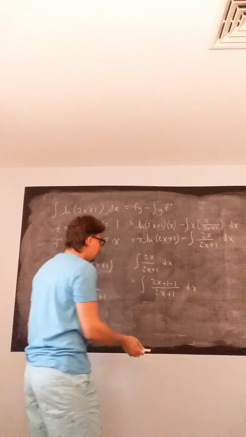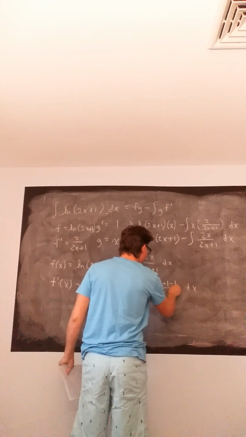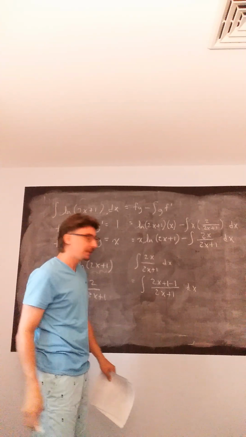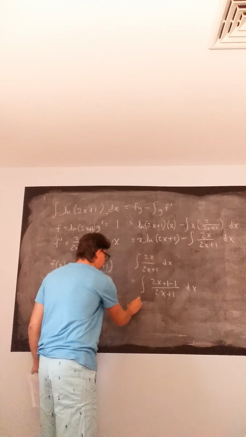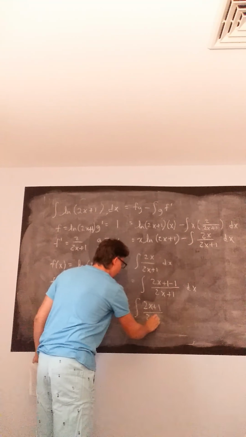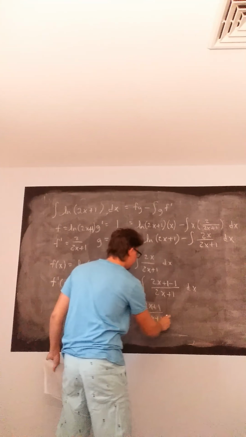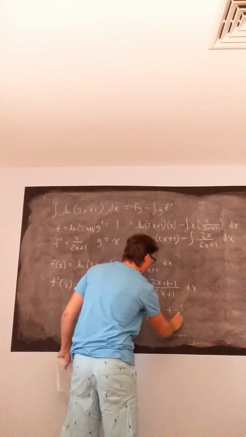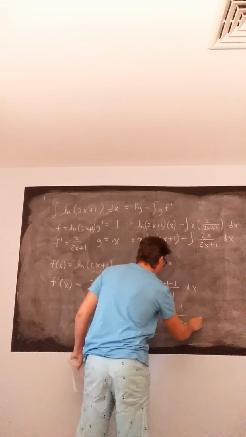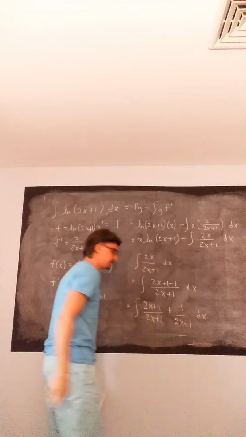It's gone. But when you do this trick that I was taught, this will help us to reshape this integral, because look at what it could be rewritten as. The integral of 2x plus 1 over 2x plus 1 plus negative 1 over 2x plus 1 dx. You see that?